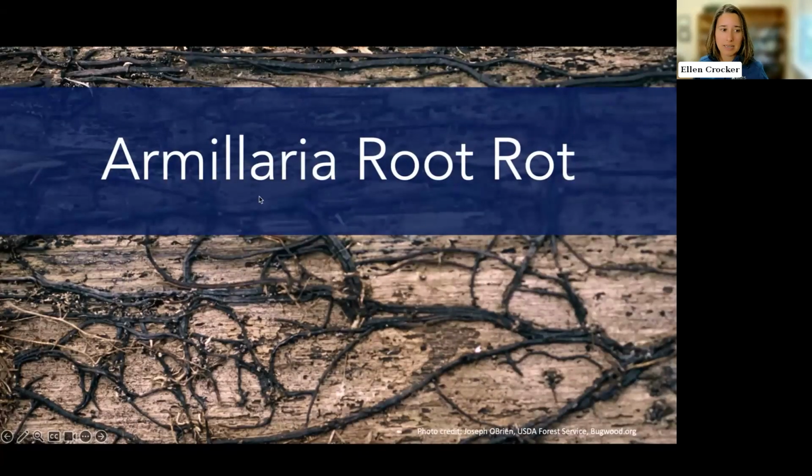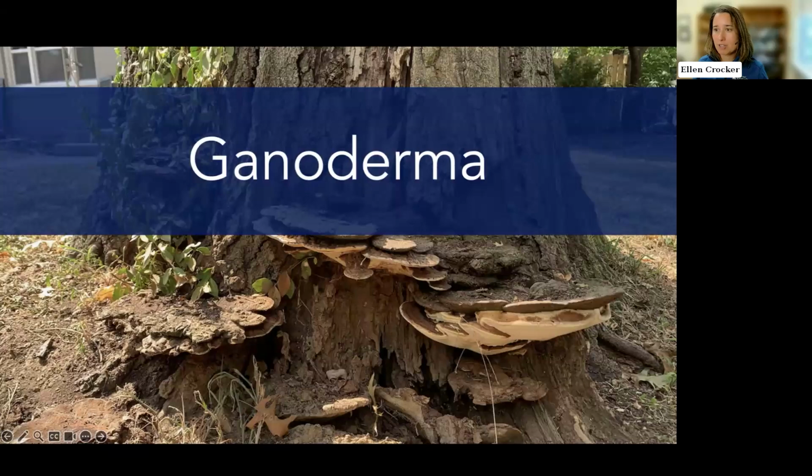With Armillaria root rot, a key feature to look for is these shoestring-like fungal structures. They're called rhizomorphs, and it also gives it the name shoestring root rot. They're really thick, and you'll see them in trees or logs that have this fungus growing in them. There are many, many other fungi that cause root rot and rot at the base of trees. This is a Ganoderma rot here.